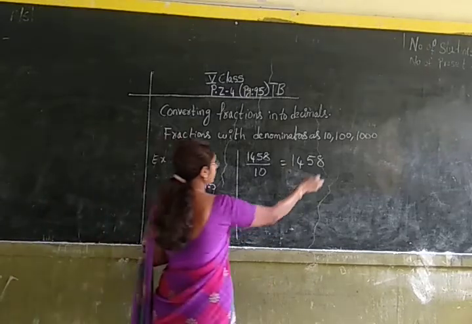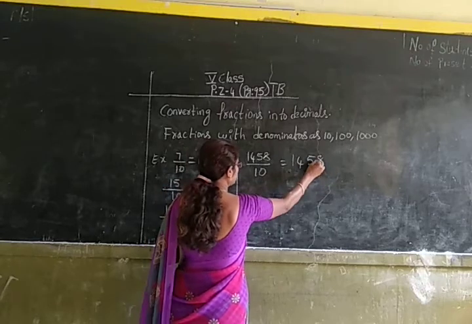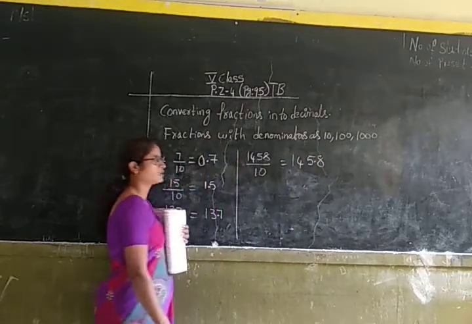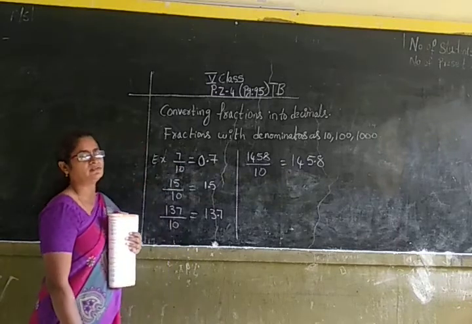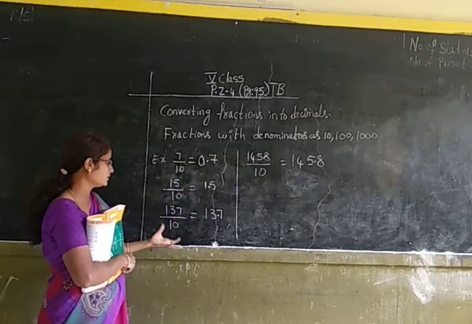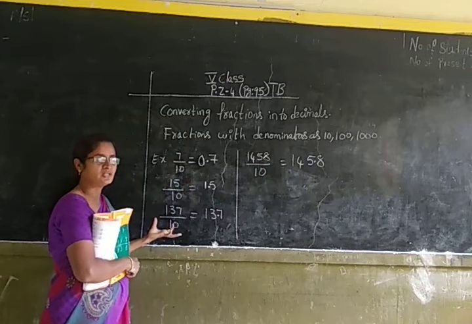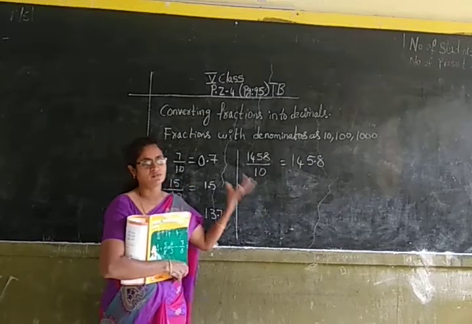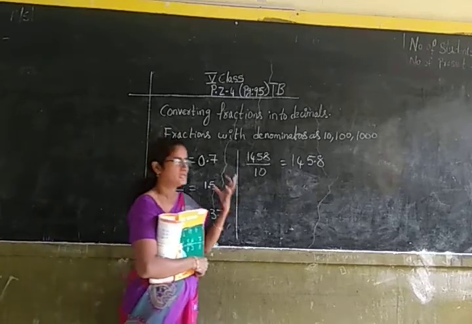So you have to put a point after one digit, that is from right side to left side. So 145.8. Okay, children. This is the way to convert a fraction with denominator 10 into decimal.